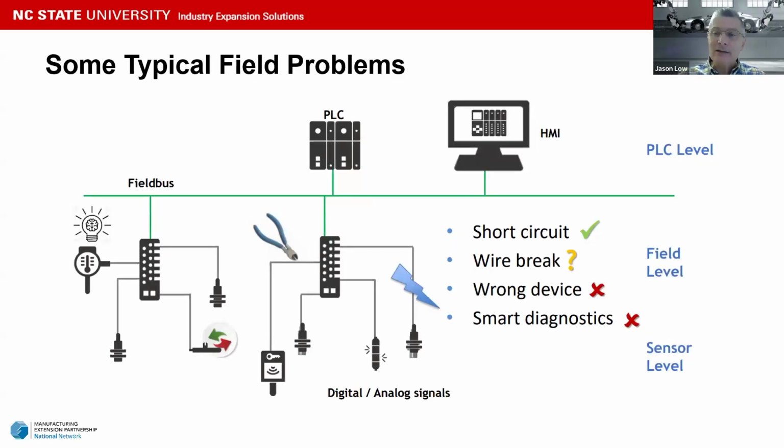The other thing is that I talked about health earlier. It's not just monitoring the health of the system that they're connected to, but it's also monitoring their health as a device. So we want to know when a fork truck driver runs over a cable or damages one of these sensors.